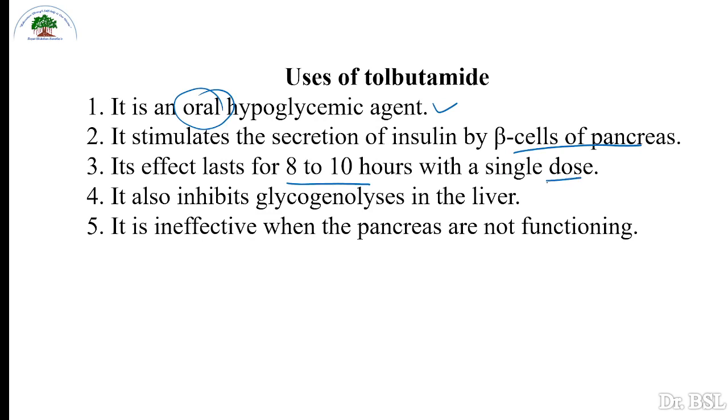It also inhibits glycogenolysis in the liver. It is ineffective when the pancreas are not functioning. This drug will not work if pancreas are damaged. This is the drawback of tolbutamide.